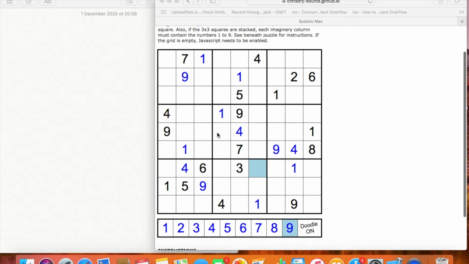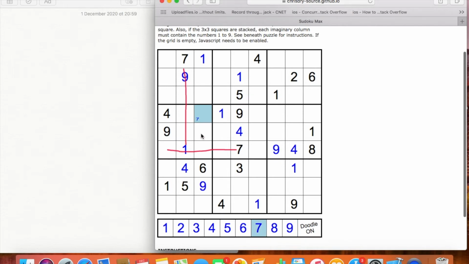I'm now going to introduce what I'd call a few doodles to help me to solve this puzzle. I'm going to look at the 7s on the left hand side of the puzzle. If I block off squares which can't have 7s, there are 2 squares left in that middle right block.